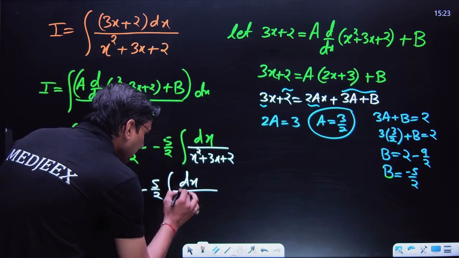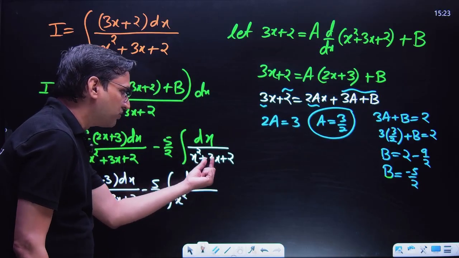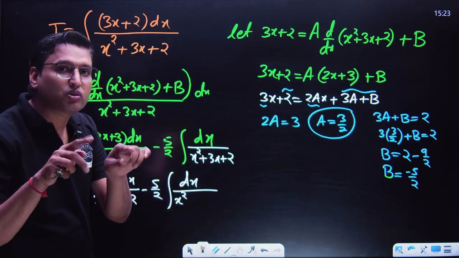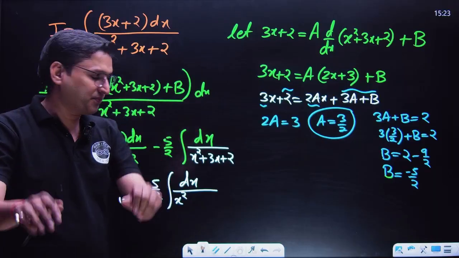What is that? x square is written as x square. We are just multiplying 2 into the numerator and denominator so that I can make it into the format of x square plus a square or x square minus a square, correct?